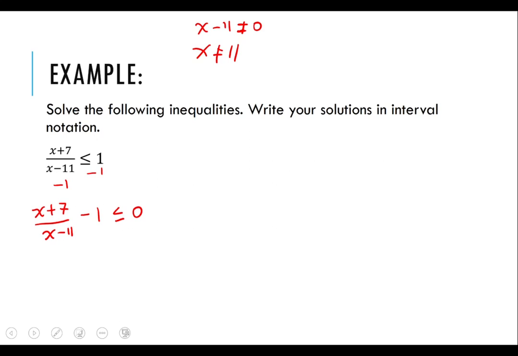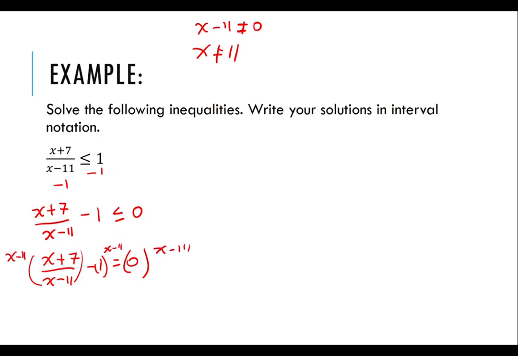Then I'd like to solve this. So if I've got x plus 7 divided by x minus 11 minus 1, if I set that all equal to 0, I can just multiply everything by the LCD, x minus 11, and then I get that this is x plus 7 minus x plus 11.